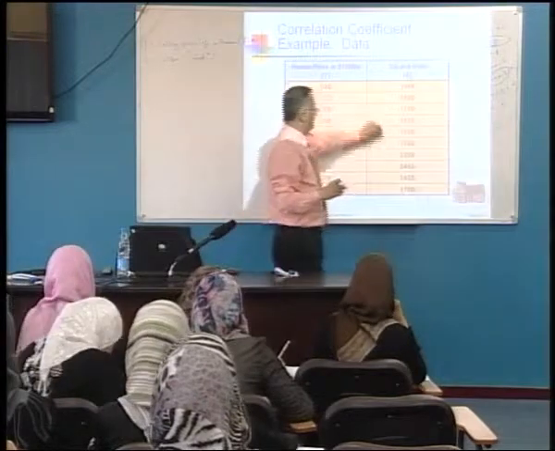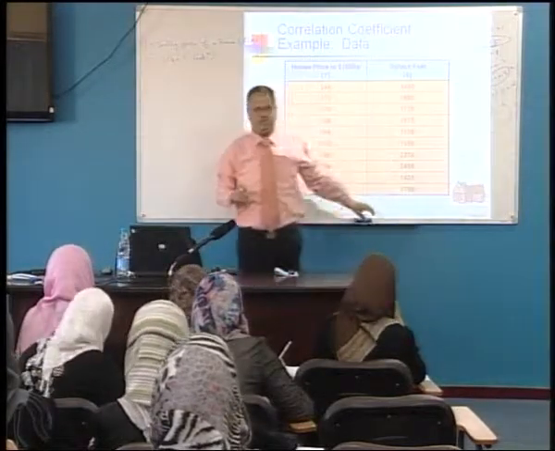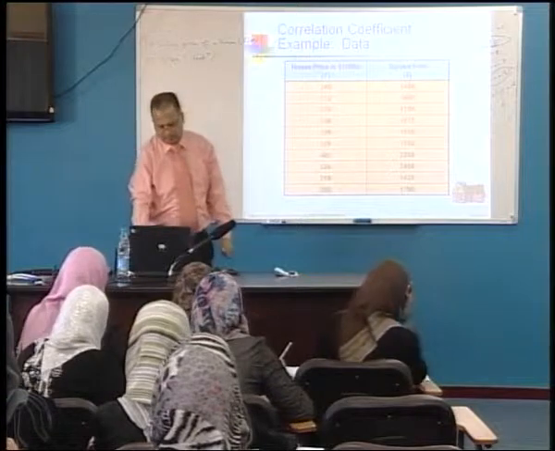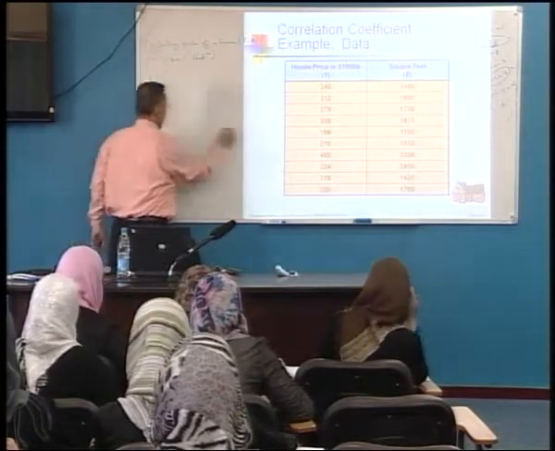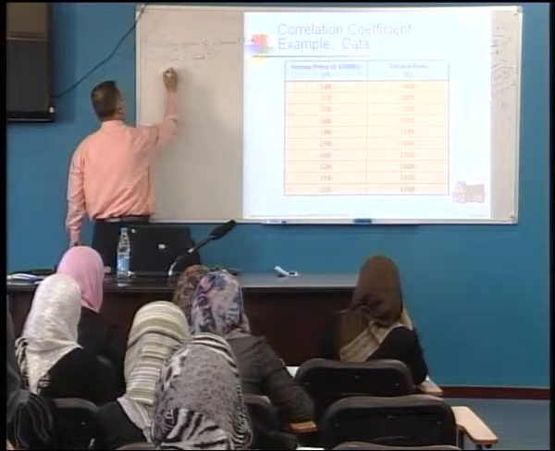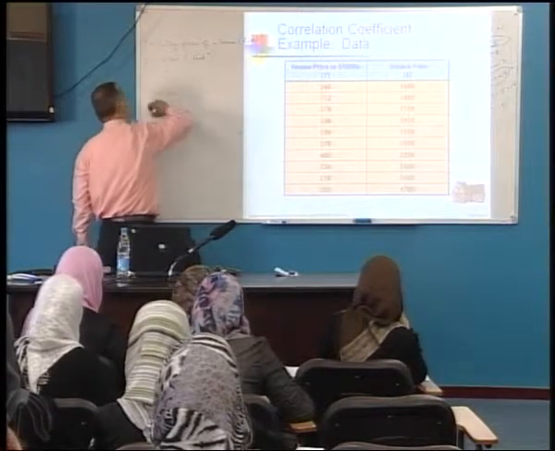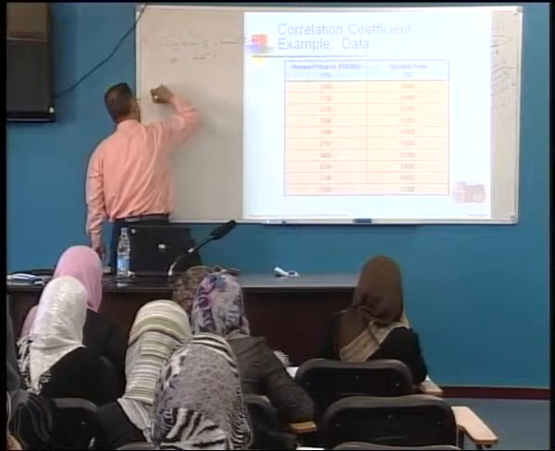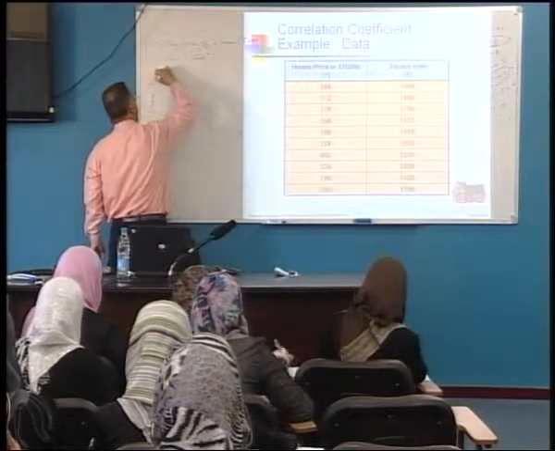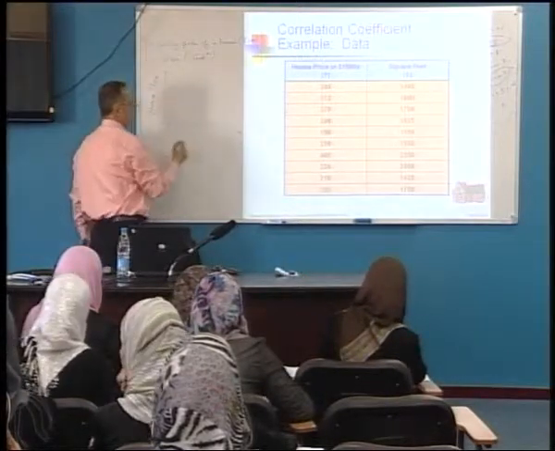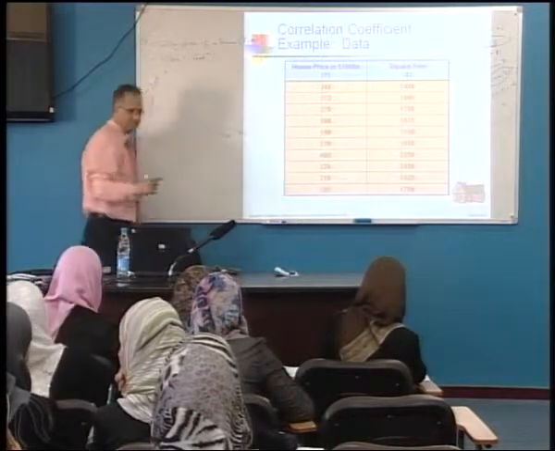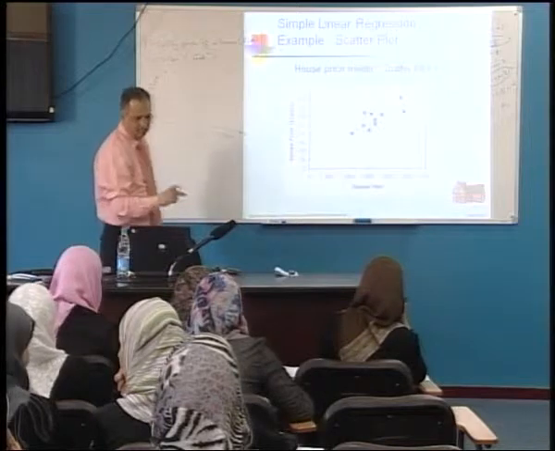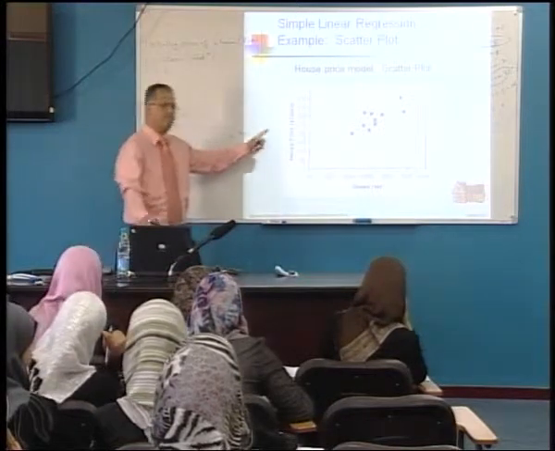Now, based on this data, you can first plot the scatter plot of house price in the y direction, the vertical direction, and size in the x-axis. You will get this scatter plot.